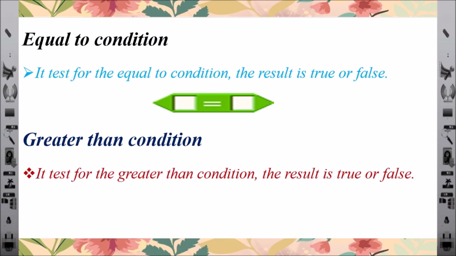For example, this is the command: you can insert the lowest number on the left hand side and the highest number on the right hand side. When the condition is checked, it will be false, that means the condition is not correct, so the output result is false.